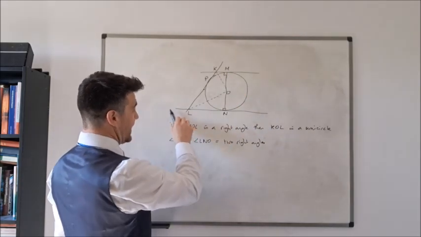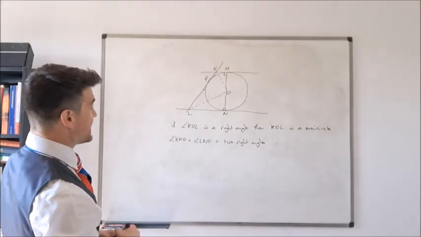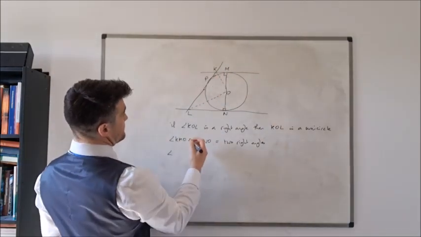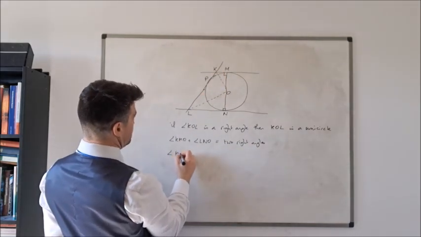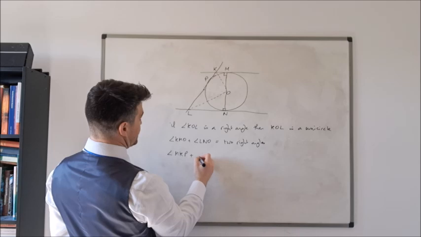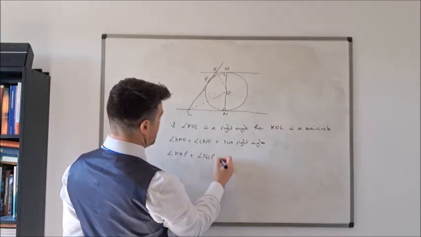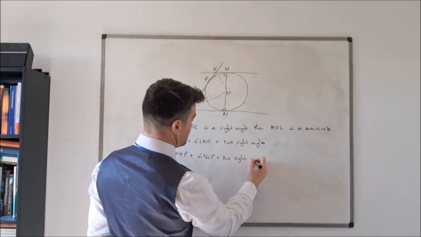And similarly for ON and the tangent through N. Okay, so that means that angle MKP plus angle NLP must be equal to also 2 right angles.